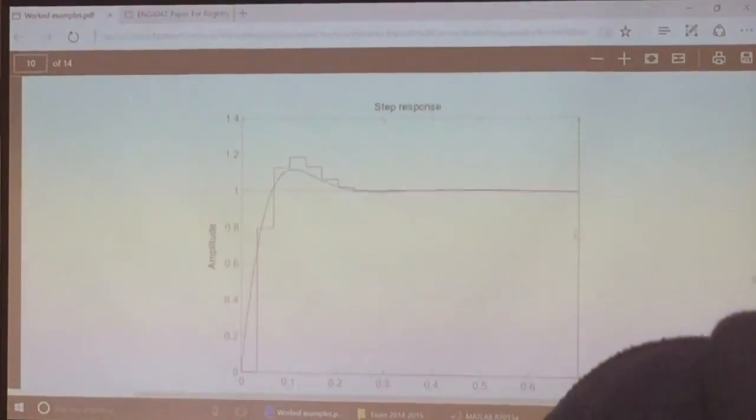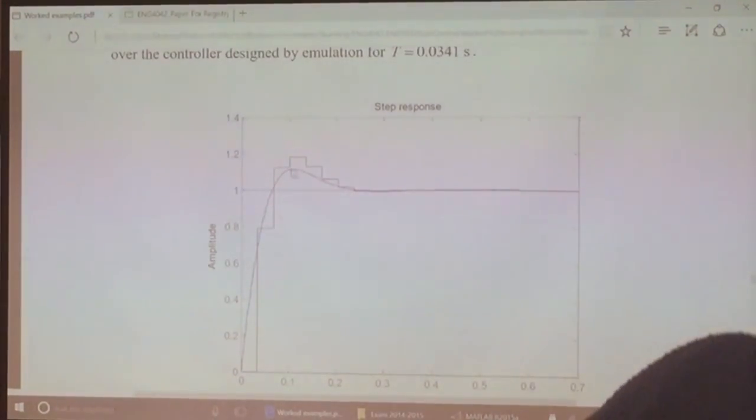And then you do the step response again with the same sample time, so the large sample time, but you get something like this, which again still has some overshooting, but is in no way comparable to the previous one. So we have improved quite a lot the performance of the digital controller, even if the sample time is rather large, by moving the poles to where we want them to be.